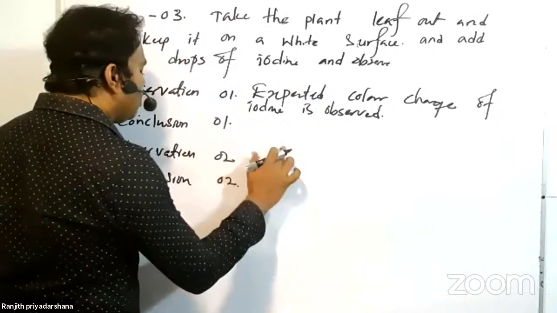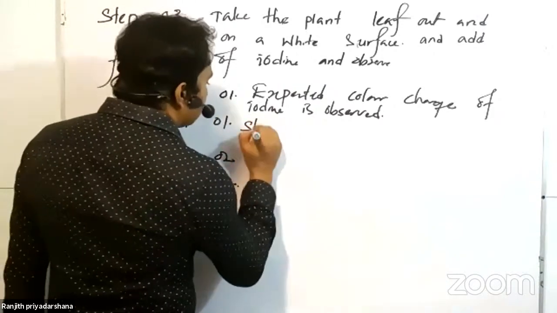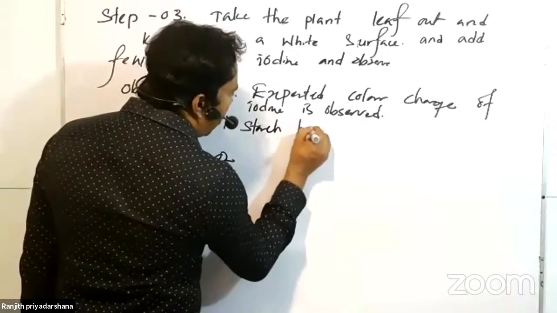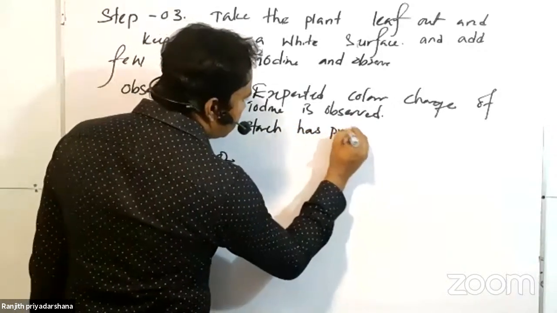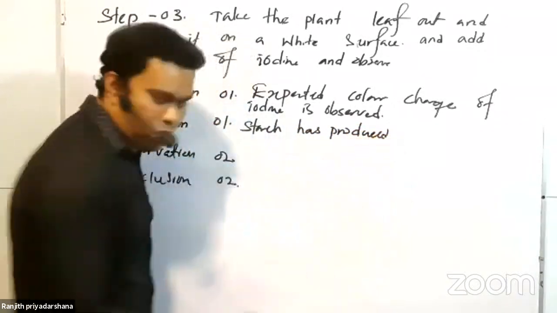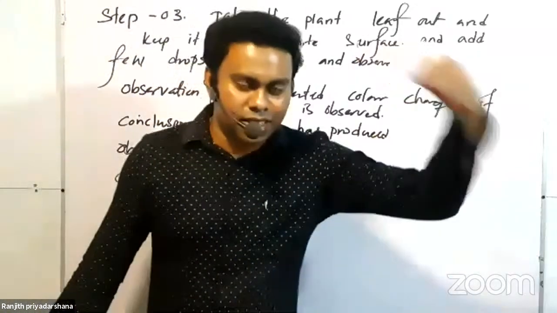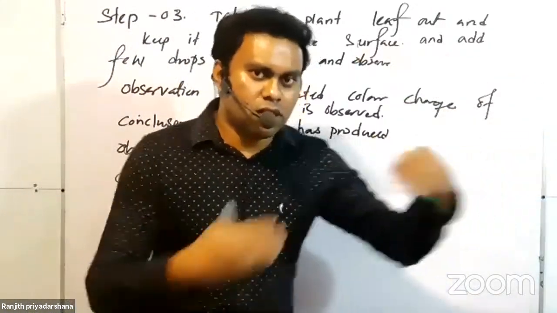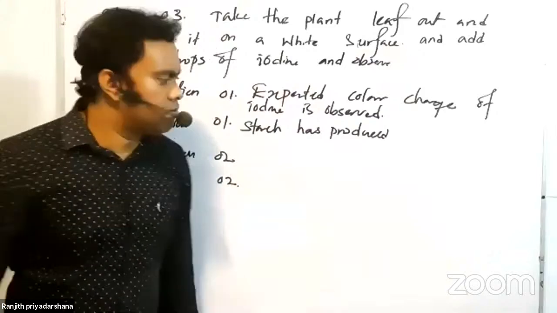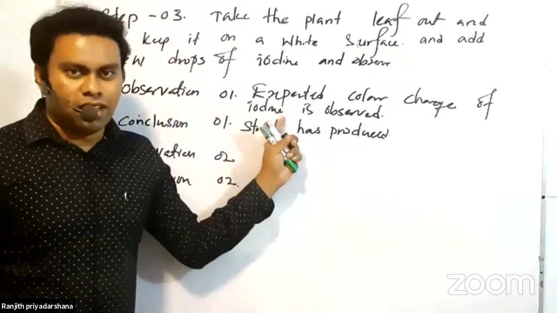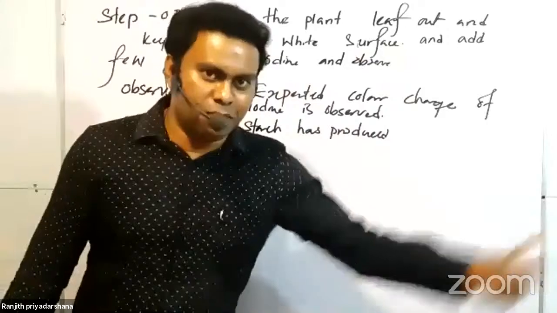Then your conclusion? Starch has been produced. ඕකනේ directly කියන්න පුළුවන්. That's the direct conclusion. Iodine blue වුණා කියන්නේ starch තිබ්බා කියන්නේ.